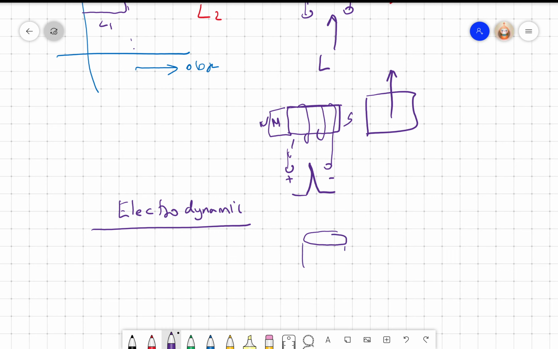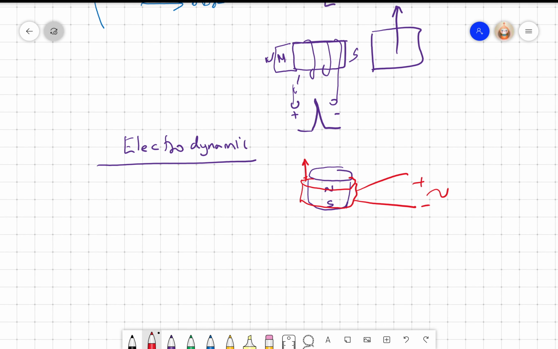We have a magnet, south, and then we have a coil surrounding that, right? And if you move the coil up and down, I will get an induced EMF across the coil. So this is the principle of the electrodynamic coil. Even today, this is very popular, the electrodynamic microphone.